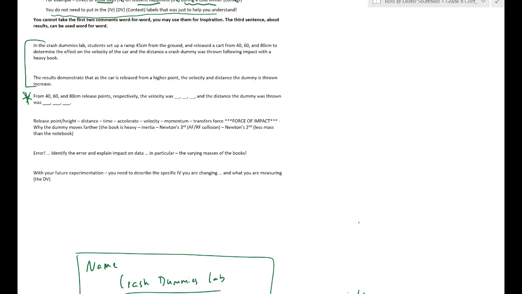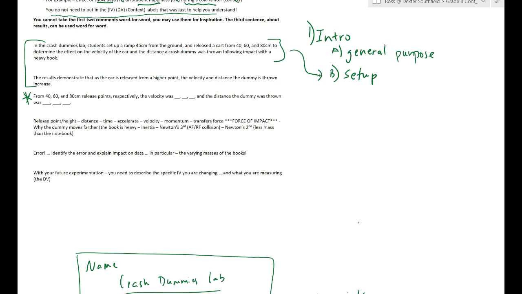So when we're writing our discussion paragraph, the first thing that we need to do is an intro. And within that intro, we're going to have a general purpose statement, and then we're going to have a setup statement. So this one goes over setup. It's on you to come up with a general purpose statement.